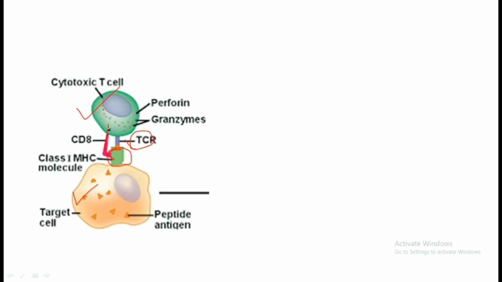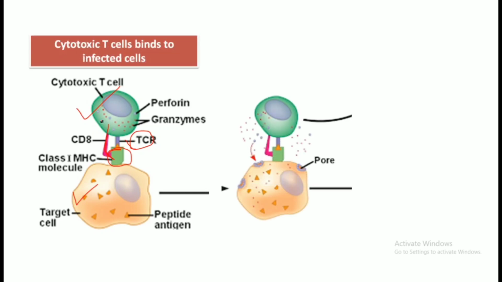This recognizes the target cell, and the cytotoxic T cell then releases vesicles containing perforin and granzyme enzymes. The cytotoxic T cells release perforins and granzymes as a complex, which the target cell takes in by endocytosis.